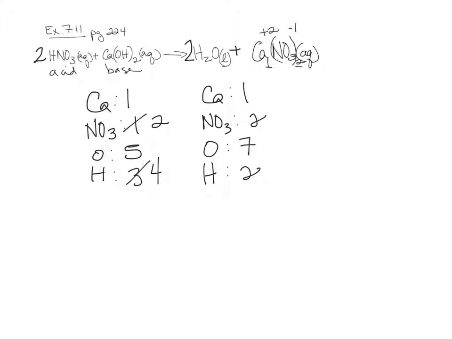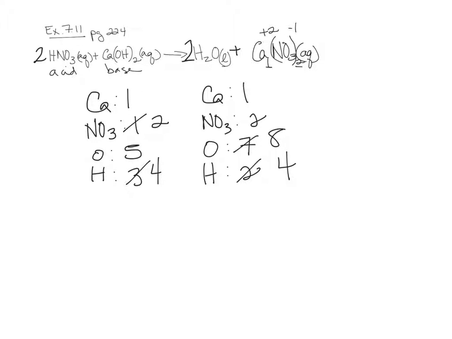If I put a 2 in front of the water, that gives me 4 altogether on my product side. It's also going to change my oxygen. I'll have 2 oxygens within the water, plus the 6 that are found here with the nitrate. That gives me a total of 8 altogether.